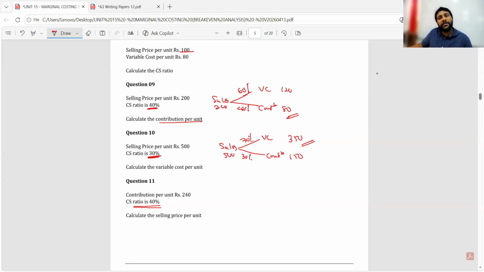After covering the fixed cost, it's profit, no? Then we can add a further point. So contribution per unit is the amount that you get to cover the fixed cost and after that to earn some profits. Generally, your contribution per unit and the fixed cost per unit will be the same. I'll get to that point later.